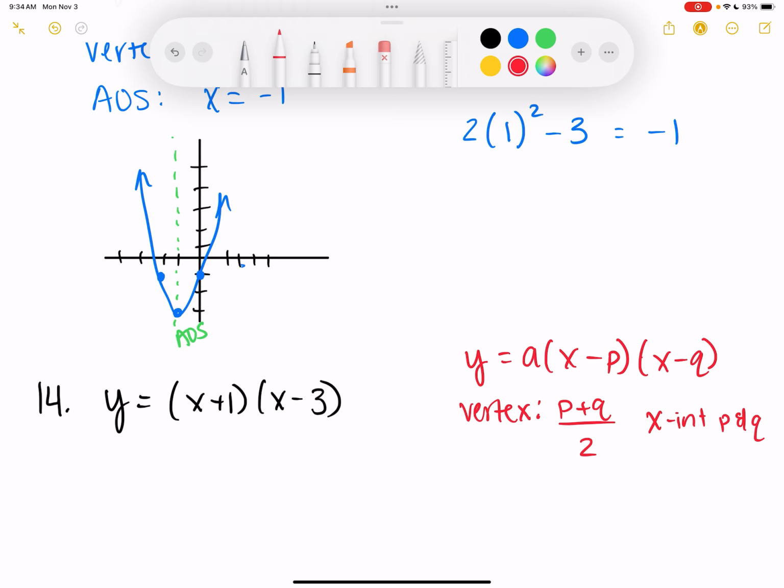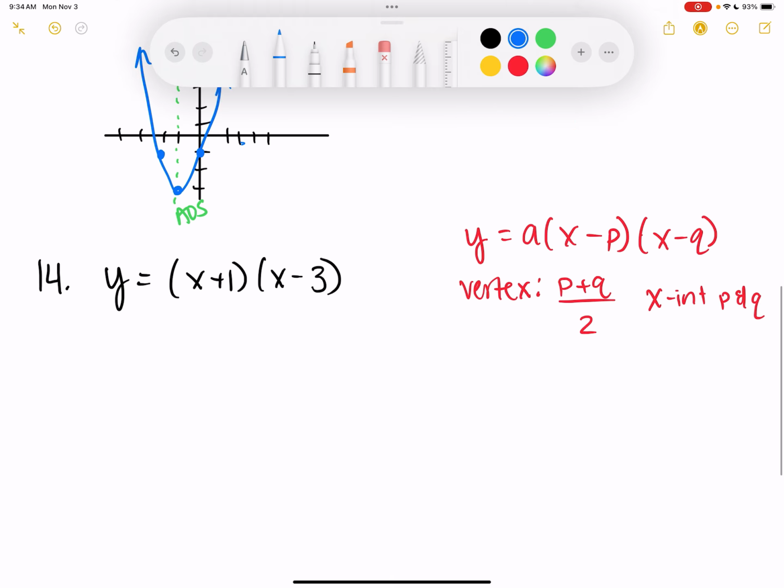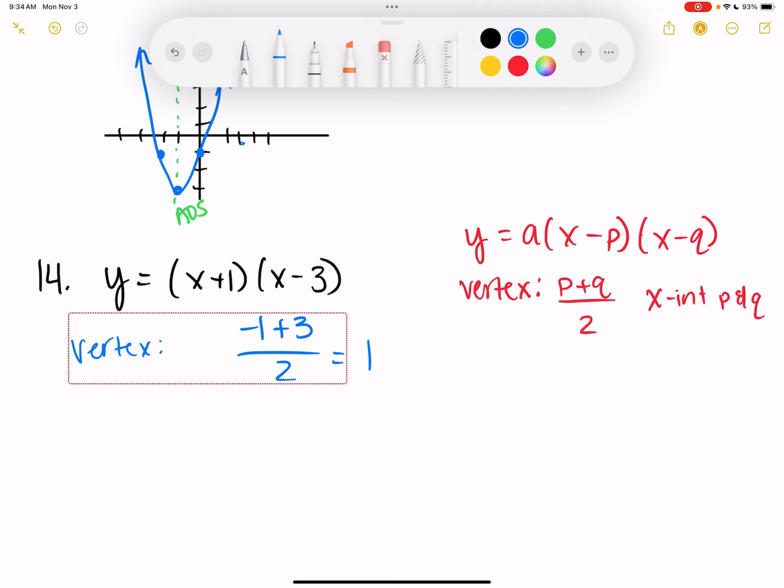So the vertex is -1 plus 3 over 2. So that's 2 over 2, so that's 1. But that's only the x coordinate. So then we have to find the y.